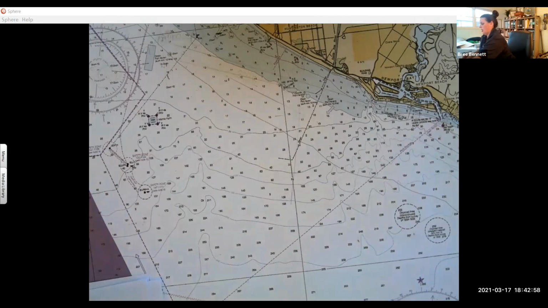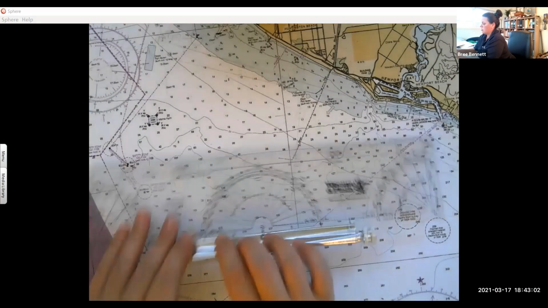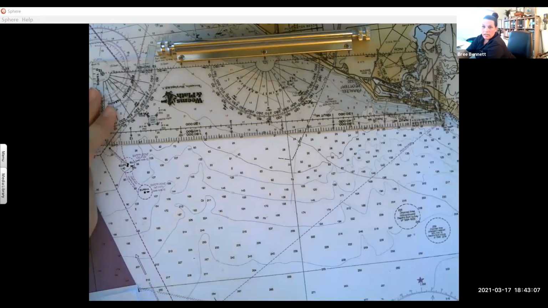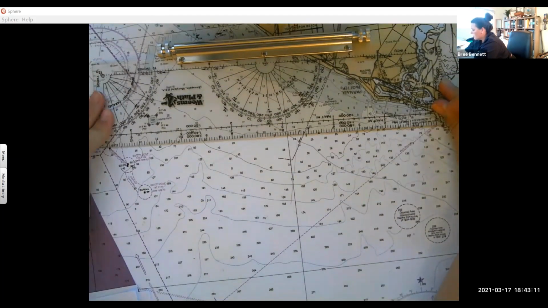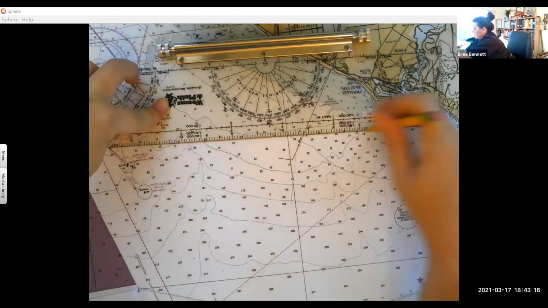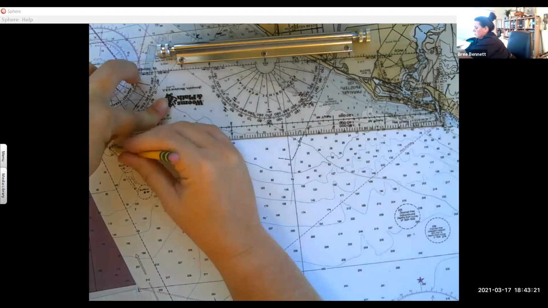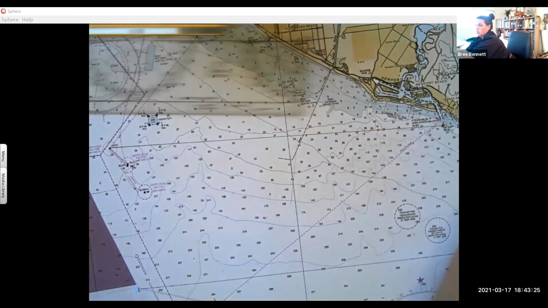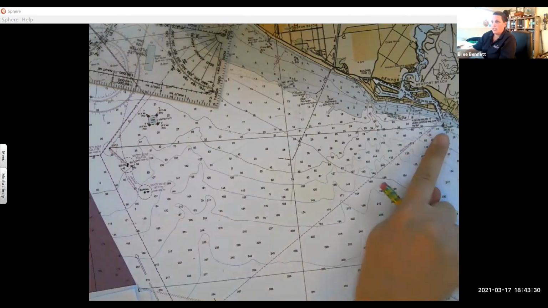So let's get a plotter. And we'll draw a line. So there's our course line from NWP to Edith.